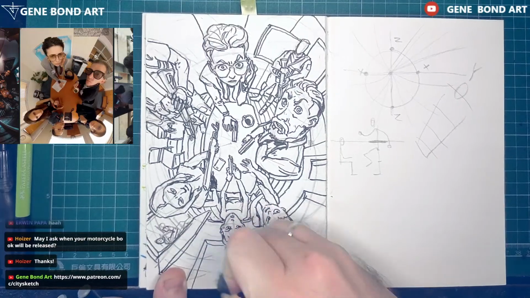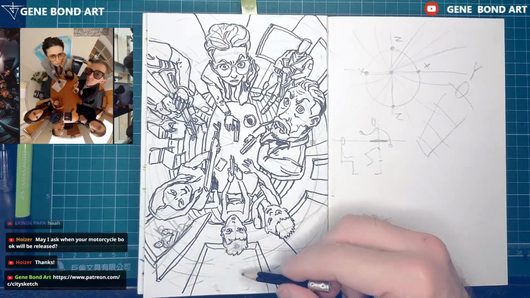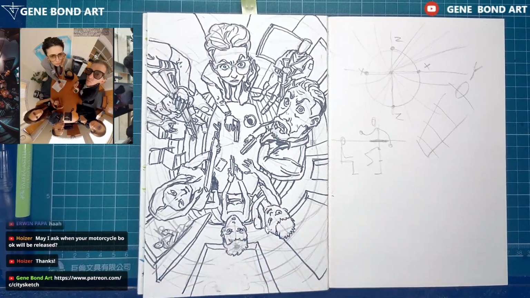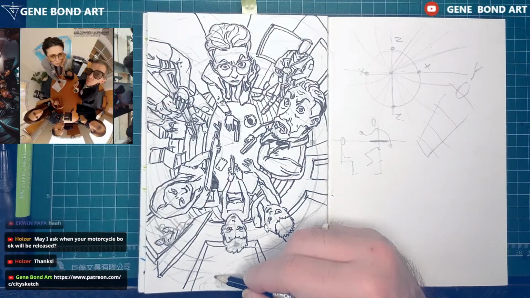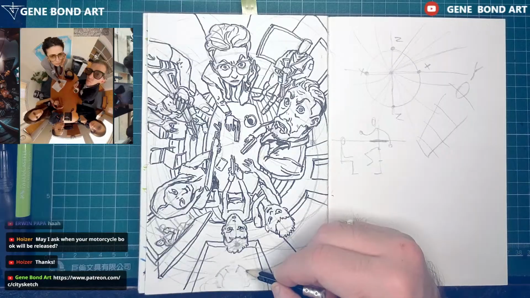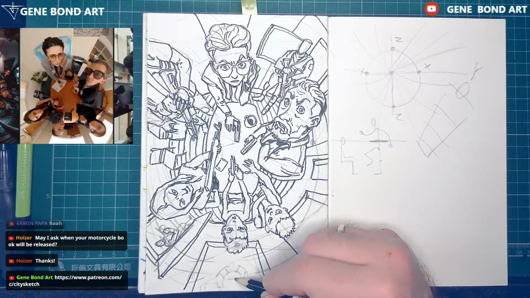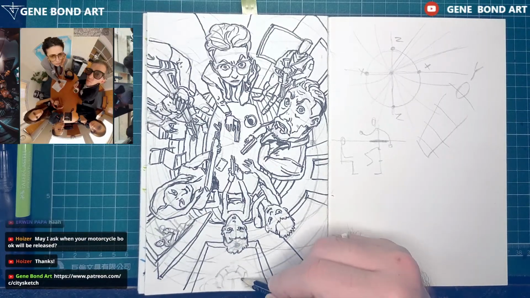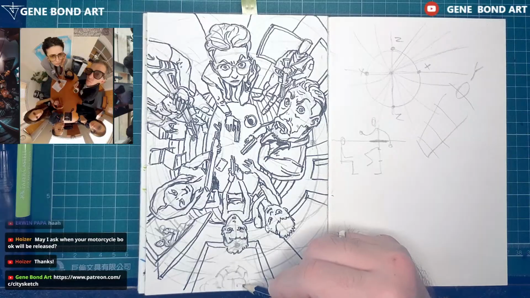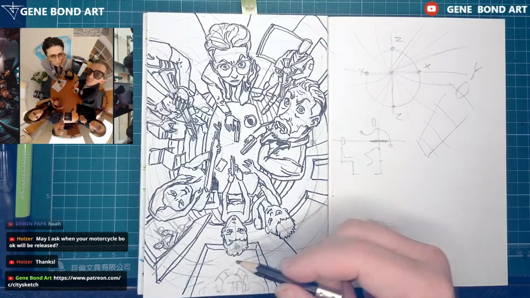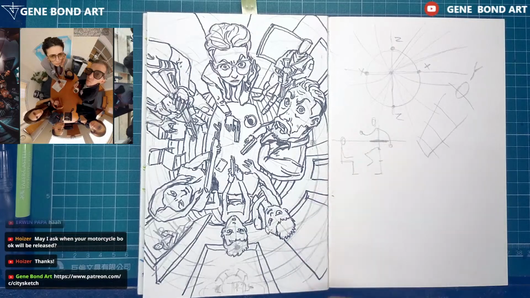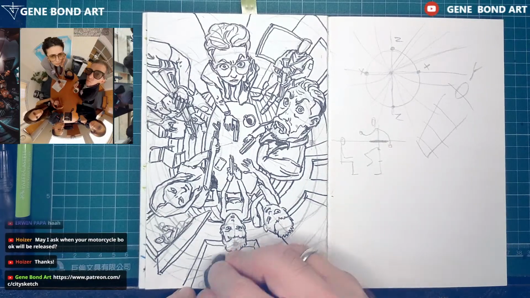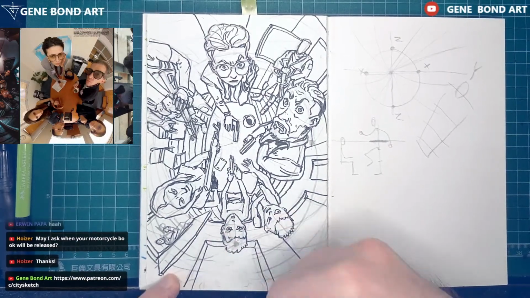It's such a weird angle that it becomes pointless to draw a helicopter. Okay, maybe one more try. Or just draw buildings.